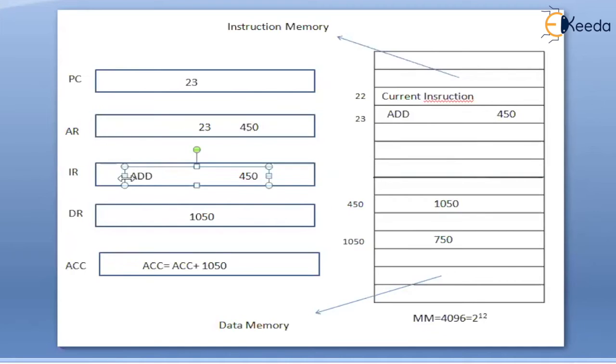Okay, let us consider that. I have 0 here. If it is 0, this is the mode digit, right? If this is 0, the address part of the instruction, which specifies the address of the operand, is a direct address.